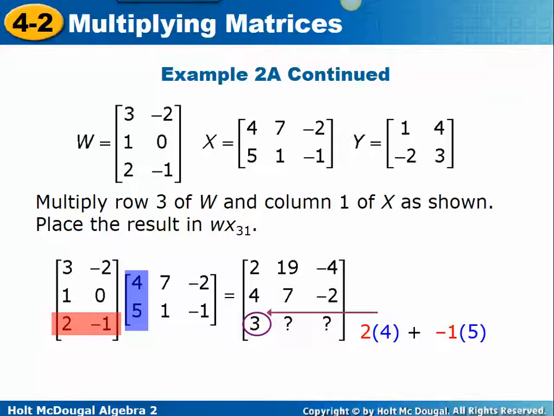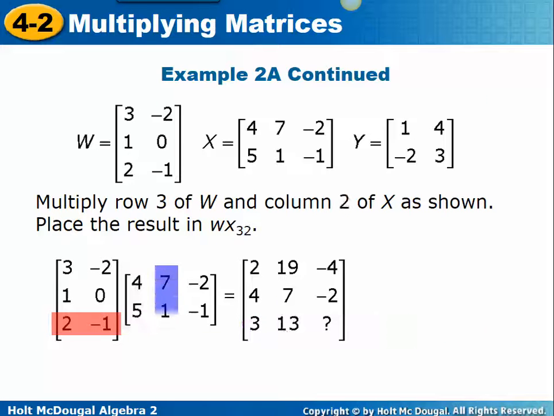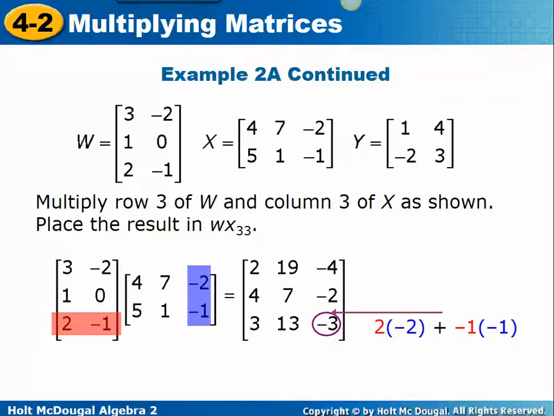And 8 plus -5 is 3. And then our third row, second column, gives us 13 because we have 14 plus -1. And then our last entry would be, remember, we take the first of the first plus the second of the second, and we would get -3. -4 plus 1 is -3.